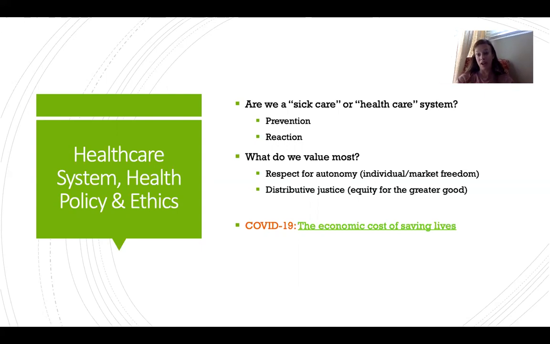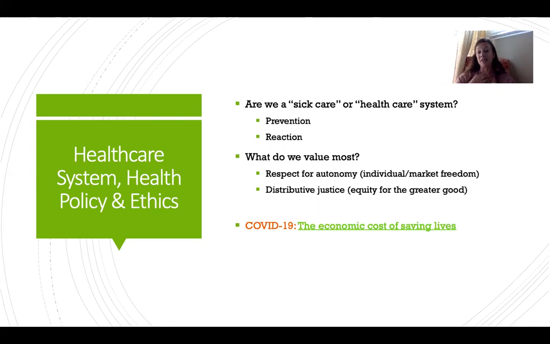Were we prepared? I think the general consensus in the United States is that no, we were not prepared. One example is that in early 2018, the current White House administration cut funding to a huge pandemic task force that had been established as a federal task force in our country to be ready for something like this. And when they cut that funding, they cut that task force.